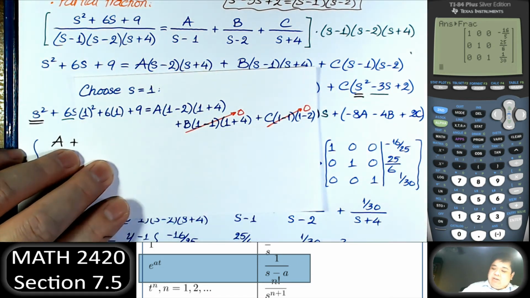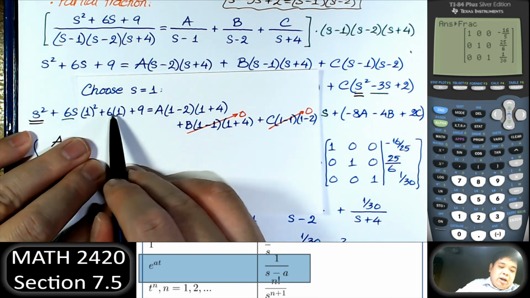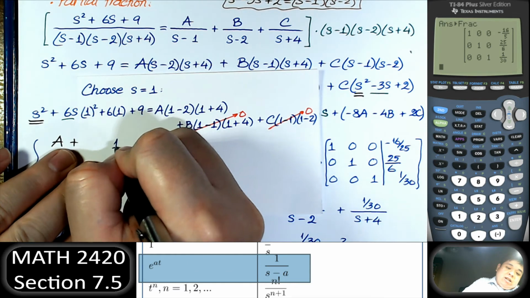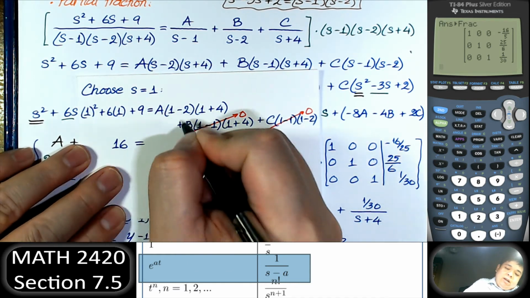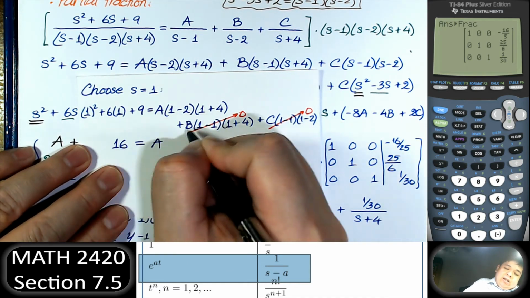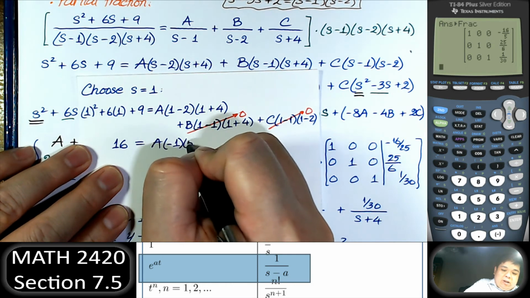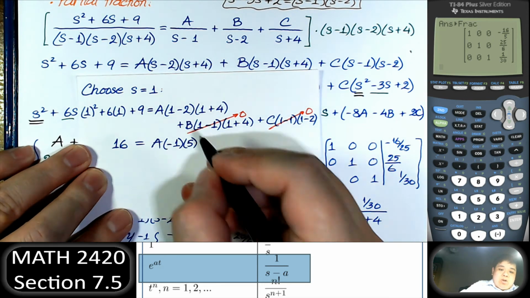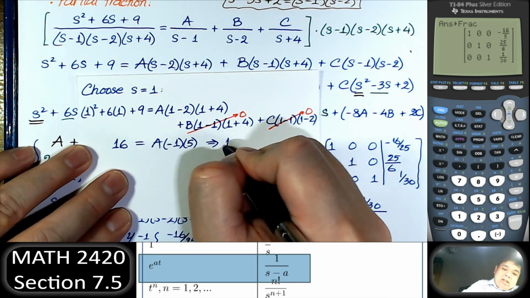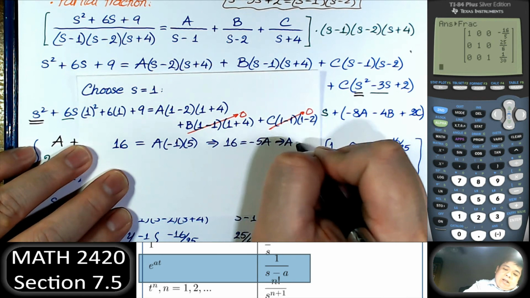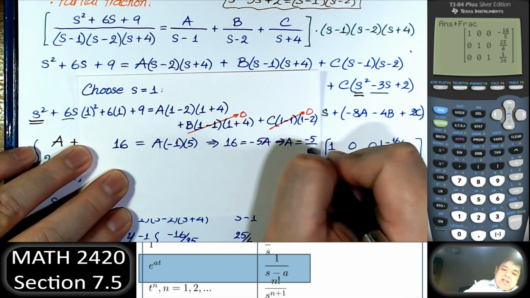So we only have here 1, 6, and 9, so that is 16. And then we have A, that is minus 1 times 5. So from here we say 16 is equal to negative 5A, or A is equal to negative 16 over 5.